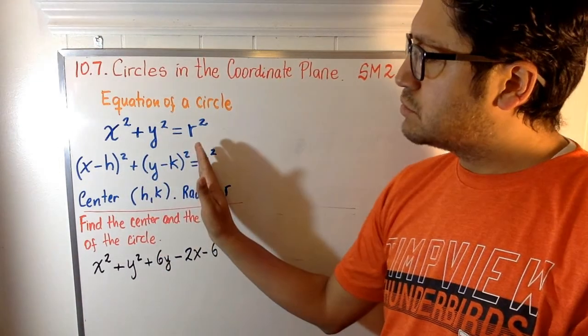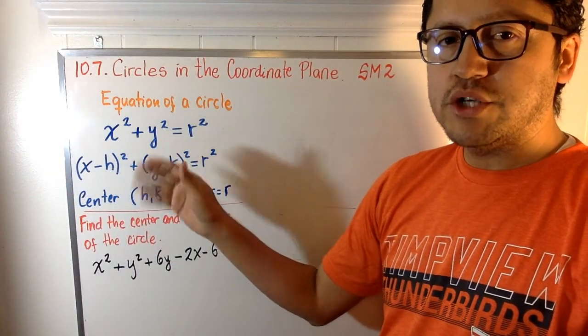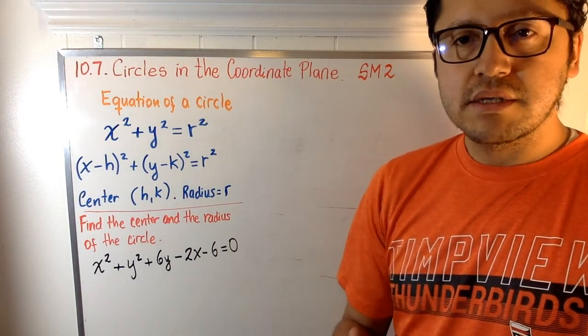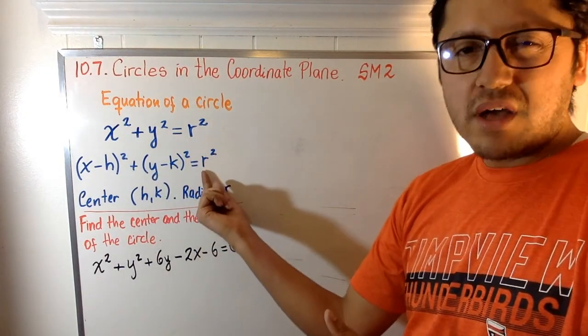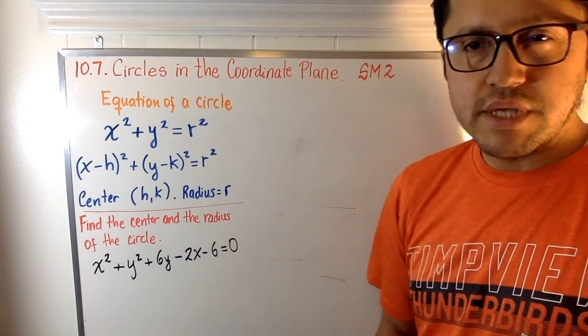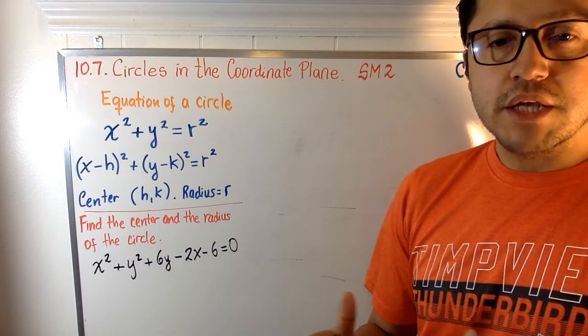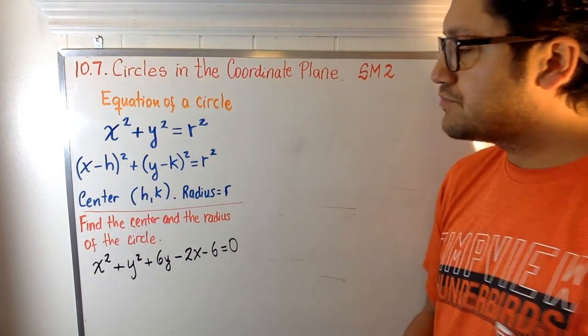Both of them are going to be presented on the left side of the equation, and then the remaining elements, the constants, have to be on the other side, and they will represent the radius. So we are going to do some algebraic manipulations to make it happen, okay?